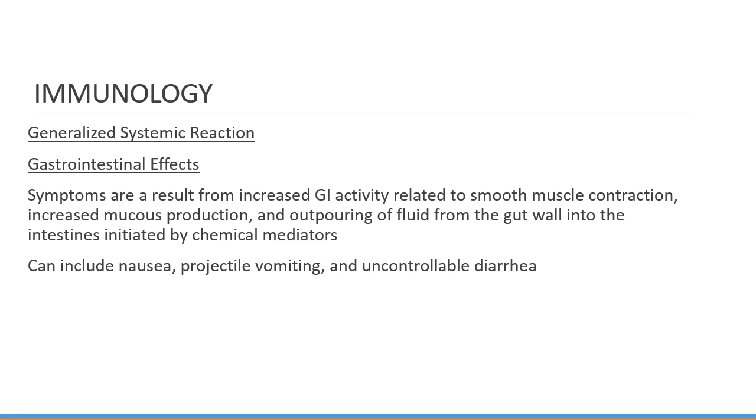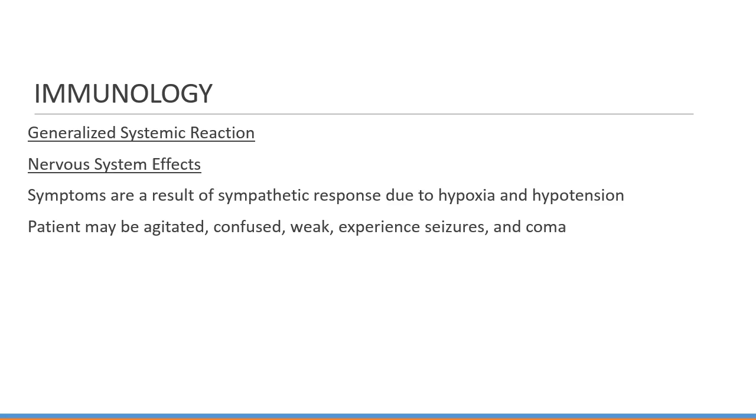It can include nausea, projectile vomiting, and uncontrollable diarrhea. Nervous system symptoms are a result of the sympathetic response due to hypoxia and hypertension. The patient may be agitated, confused, weak, and experience seizures and coma.